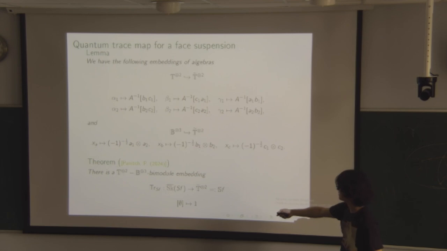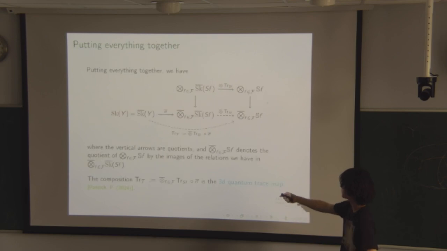And we had this bimodule embedding, which we denoted by Tr, the trace of SF, so we're thinking of it as a quantum trace map for a single phase suspension.